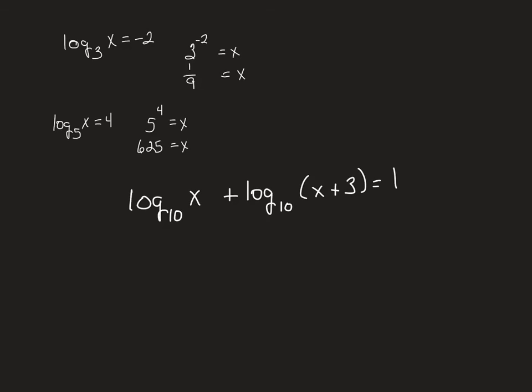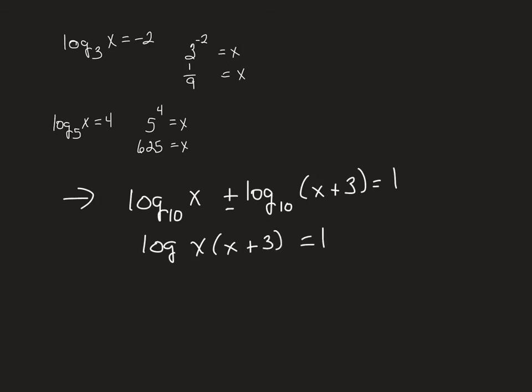Now, obviously, things don't always stay quite as simple as those first two that we just rewrote in exponential form. We will get to that point where we rewrite it in exponential form, but let's look at this particular problem. We had some properties of logarithms that said if I add and the bases are the same, then I can rewrite that as the log base, and I don't even have to put base 10 because it's understood, this becomes the log of x times x plus 3 equals 1.